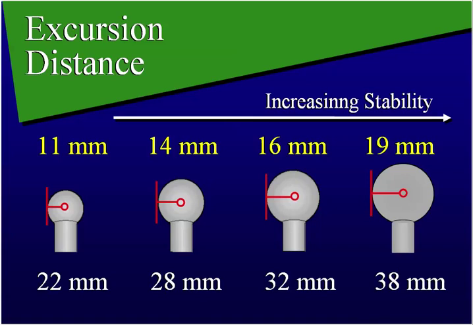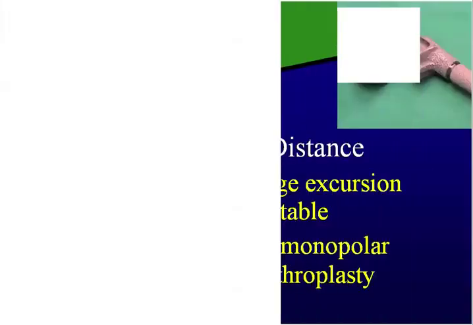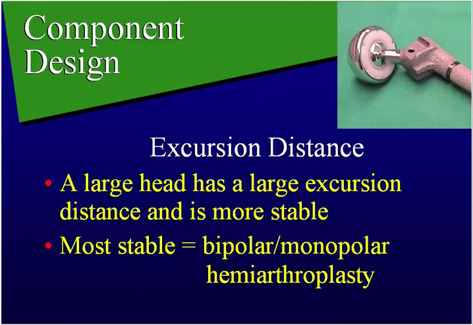Okay? So if you have a larger ball, you're going to have an increasing radius, and you're going to have a levering distance that's higher. So a 38 millimeter ball, for example, is going to have about a centimeter more levering distance to get out. That's why they tend to be more stable. So large balls are more stable for two reasons. One, because they have an optimal head-neck ratio, but also when they start to lever, it takes a lot to get it out.